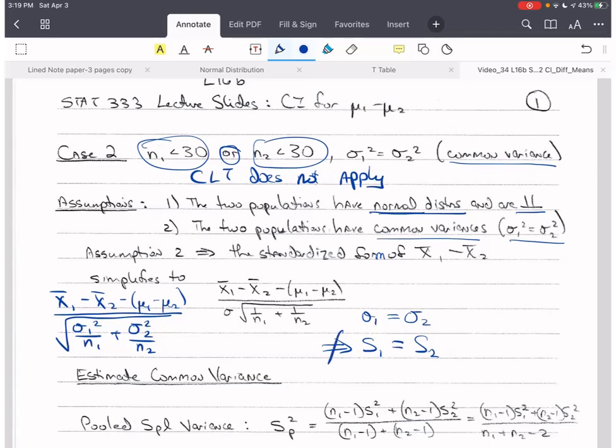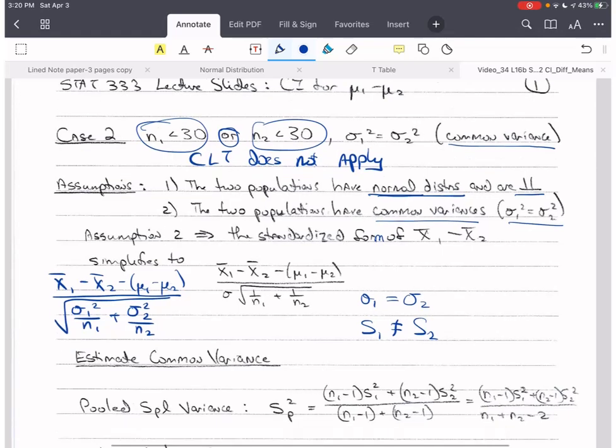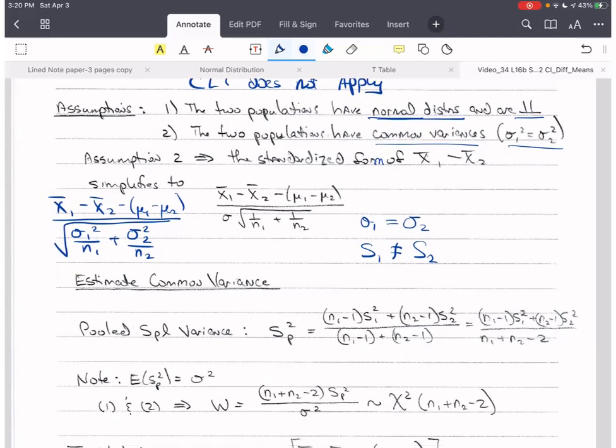In fact, since we're taking random samples that are independent, it's going to be almost impossible for S1 to equal S2 because they're different random samples. So we're going to use something called a pooled sample variance.